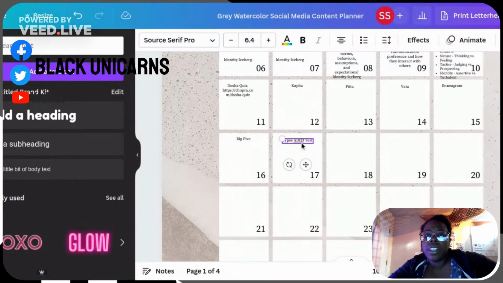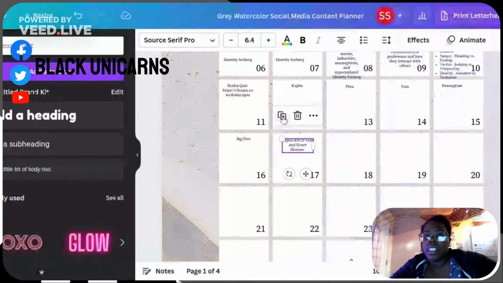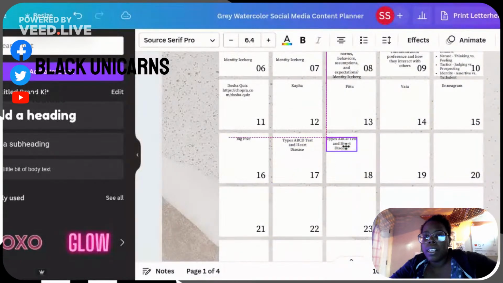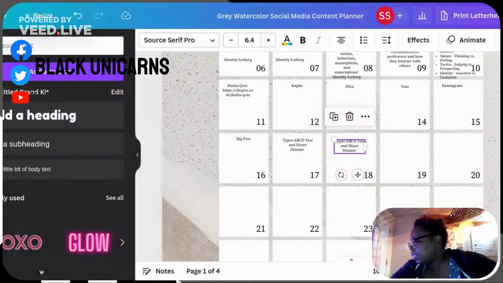And I think we should talk about heart disease with this too. Okay. And then we can talk about what else? Attachment style.